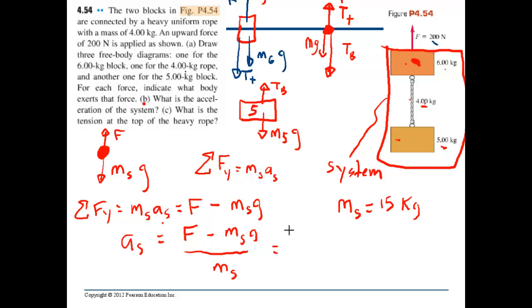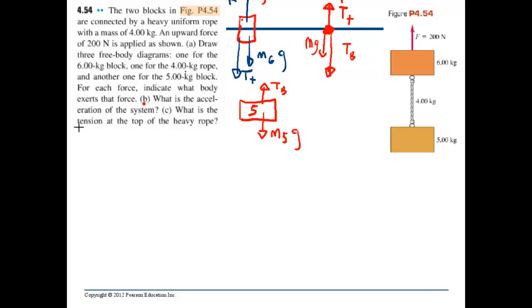So that's going to be 200 minus 15 times 9.8. Divide all that by 15, and we come up with an acceleration of 3.53 meters per second squared.